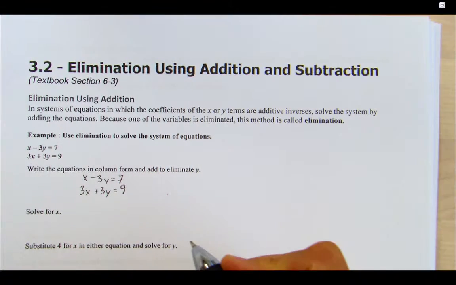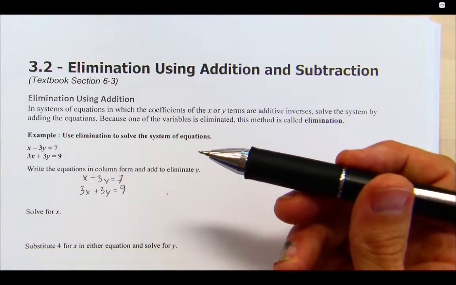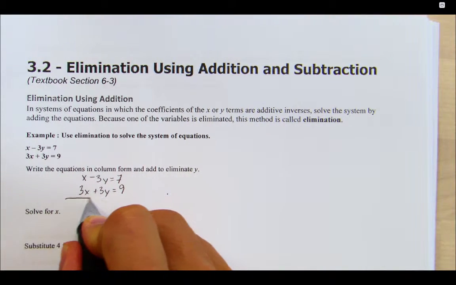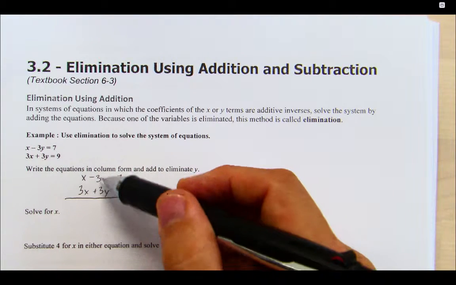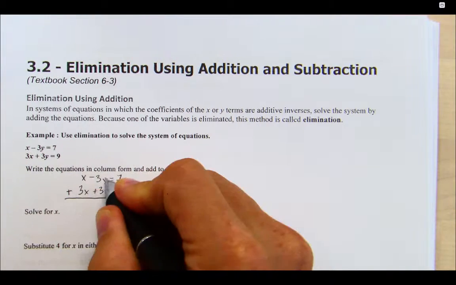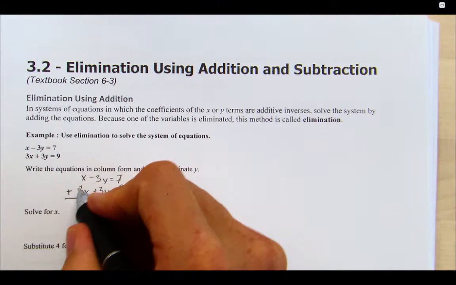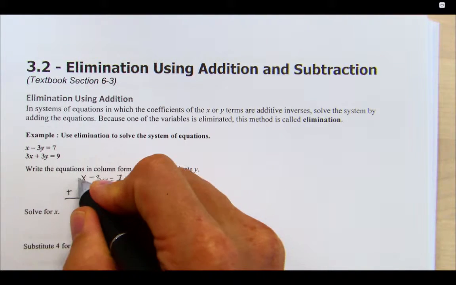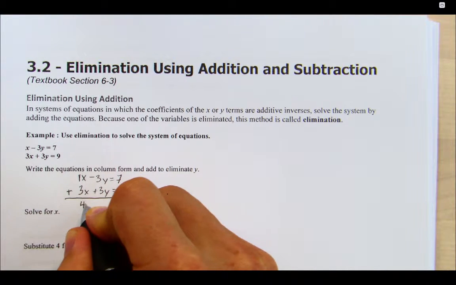Okay, and now you're going to look for one of the variables to eliminate. The ones that line up nicely here, I can see that if I add these two up, it's just going to give me 0y. So if I add those two up, that means I can add all the other ones up and make an equality. So I'm going to add 1x plus 3x is equal to 4x.